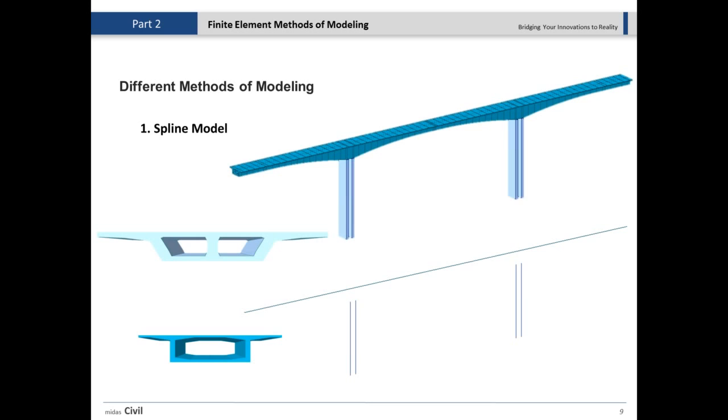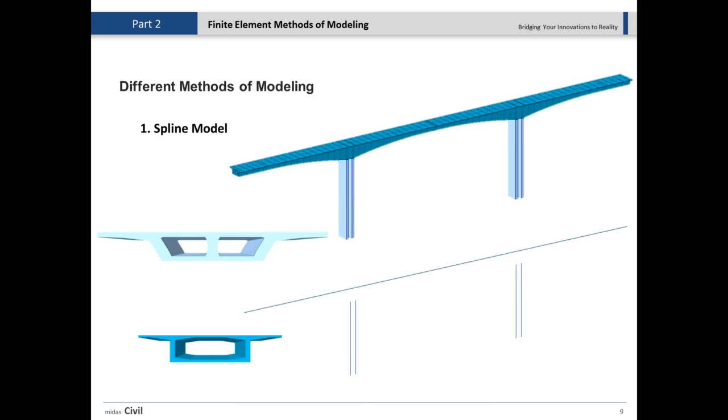The spline model is one of the common approaches that AASHTO asks us to use for segmental bridges or post-tension boxes, because we can simulate the entire superstructure with one beam element, and apply any loads that we have: post-tensioning loads, truck loads, winds, or any type of load.